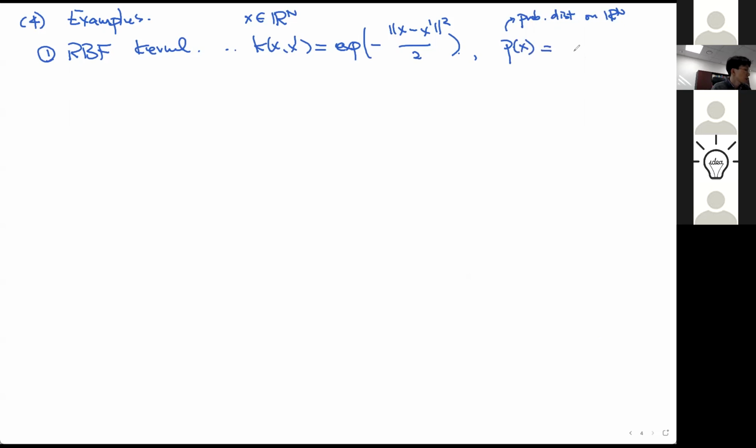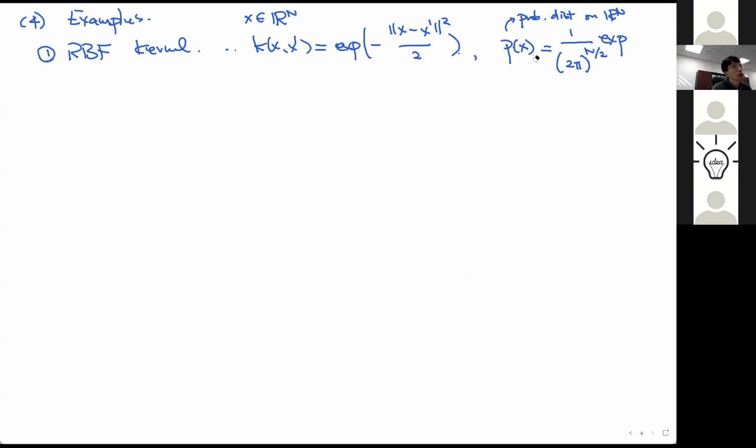It is 1 over the standard normal normalization, (2 pi) to the power n divided by 2, and then the exponentiation of minus the squared norm of w over 2.